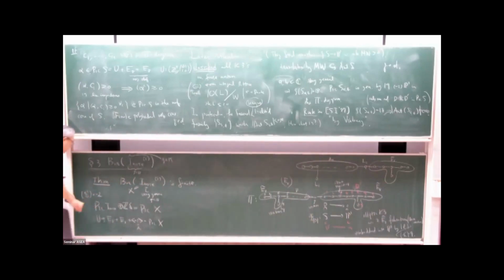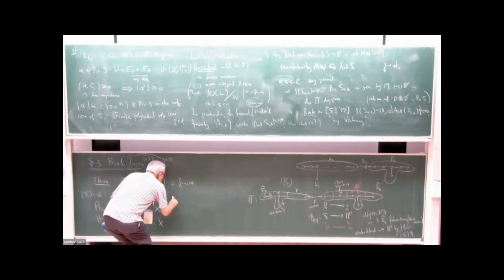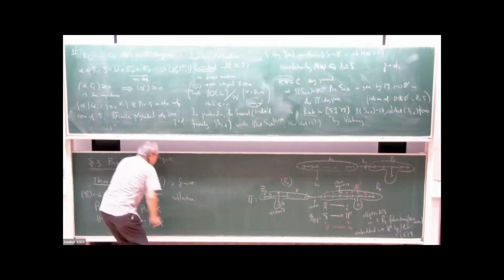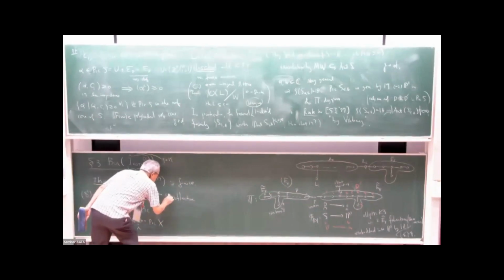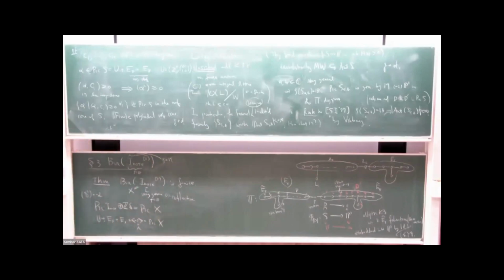Fortunately, this lattice is also reflective. Reflective means -2 reflective: the group generated by -2 reflections has finite index in the orthogonal group.